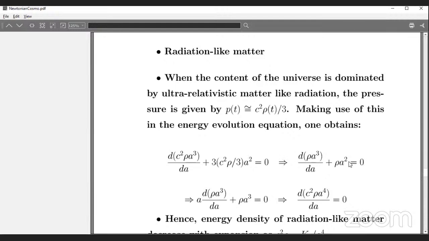Then we multiply both sides by the scale factor a, so that I get a multiplied by d by dt of rho a cubed plus rho a cubed a dot, and this is nothing but simply d by dt of c squared rho times a to the power 4. So in other words, what we have derived is that for radiation-like matter, from the energy evolution equation, d by dt of c squared rho multiplied by a to the power 4 is equal to 0.